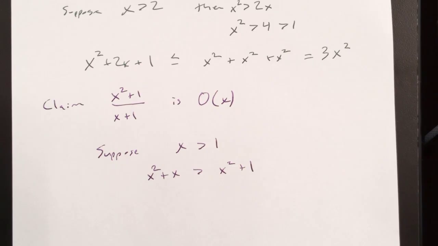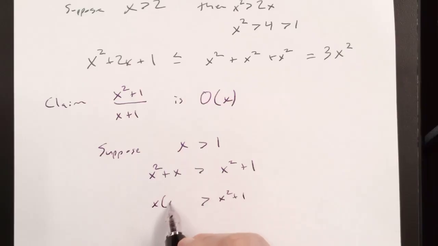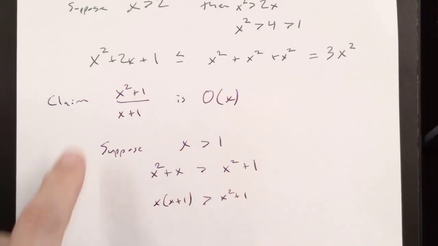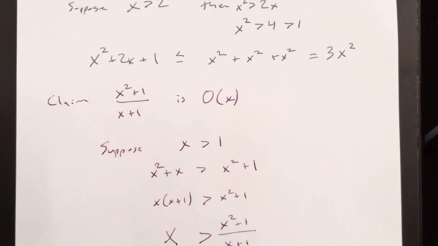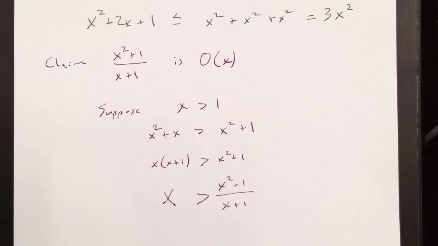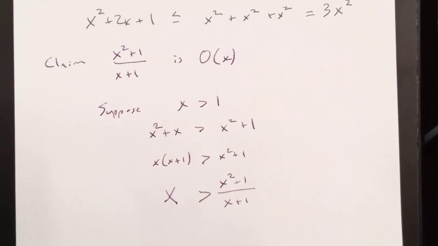What happens if you factor the thing on the left? If I divide, I get x squared plus 1 over x plus 1 is less than x. I've just shown that f of x is less than 1x whenever x is bigger than 1. I found my witnesses.